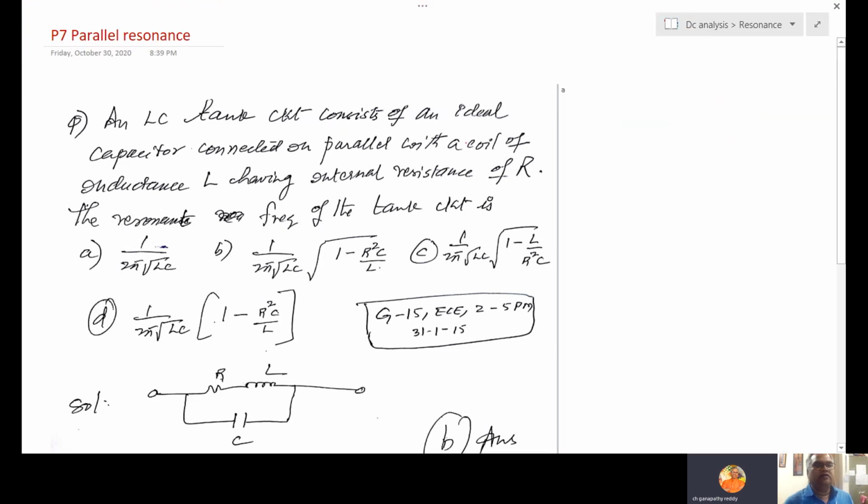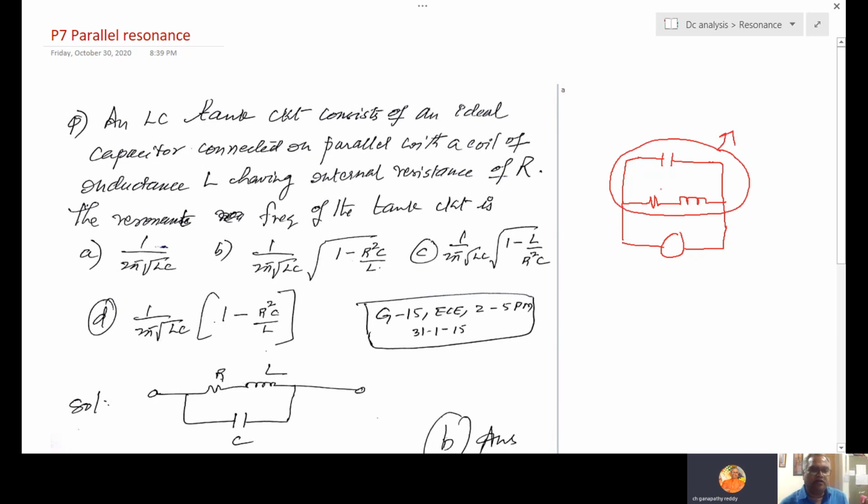It is given: LC tank circuit consisting of an ideal capacitor connected in parallel with a coil of inductance and internal resistance. So he is asking the resonant frequency of this tank circuit.